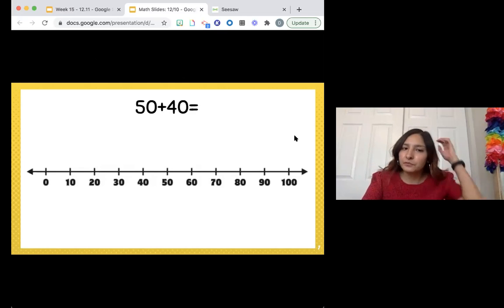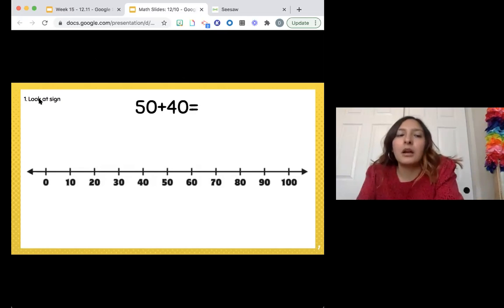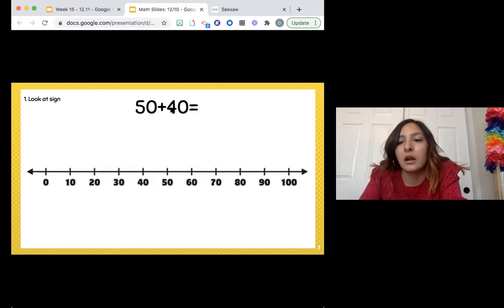Now, as I'm thinking aloud, I have these steps that we're going to take. And so it says first, look at sign. So first I want to look at this sign that is in the middle of our equation, and it's the plus sign. So I know I'm going to be counting on.